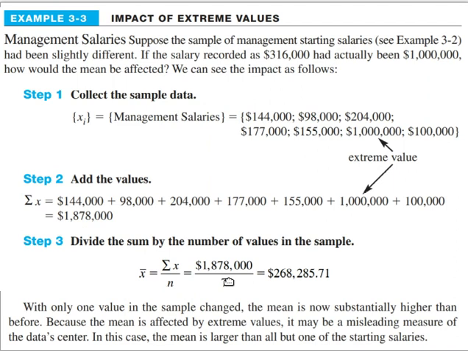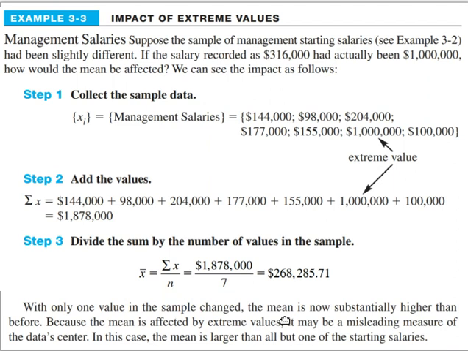The n is 7. The average is now $268,285.71. With only one value in the sample changed, the mean is now substantially higher than before.